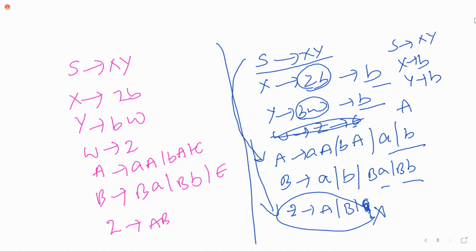Next, remove the unit productions. Then you go to check for useless symbols. This is the order. After verifying this, whatever grammar you got will be the final simplified or minimized grammar.